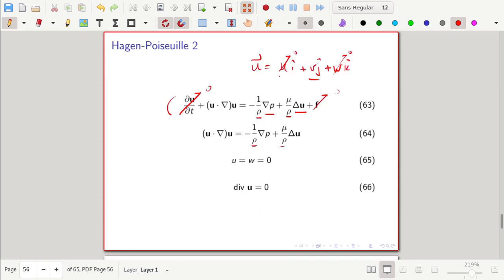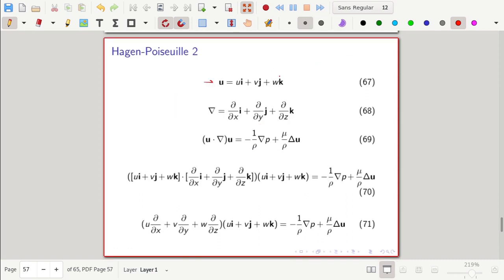We already mentioned that this is 0, but let's carry them a little bit more so you know when we can cancel them. Remember that the gradient is the partial derivatives in the directions x, y, and z. Here we're applying the gradient to the pressure field.